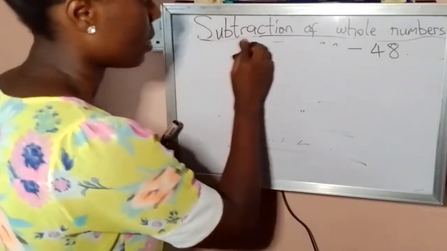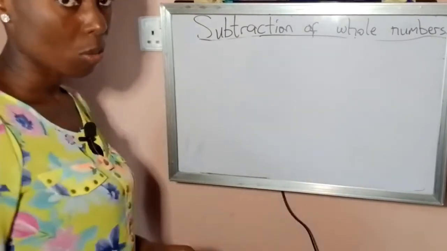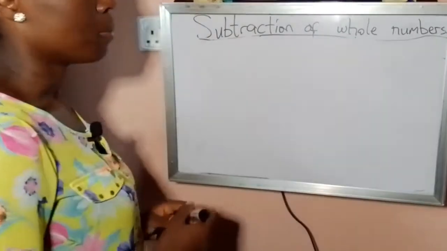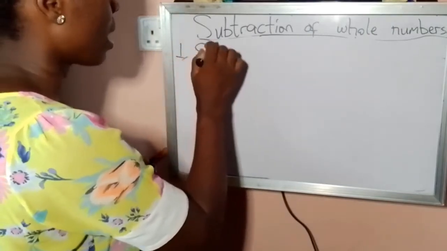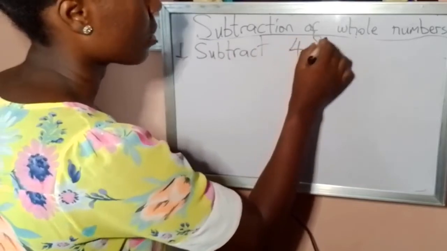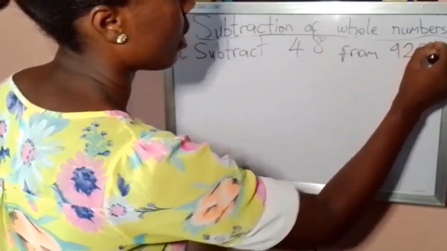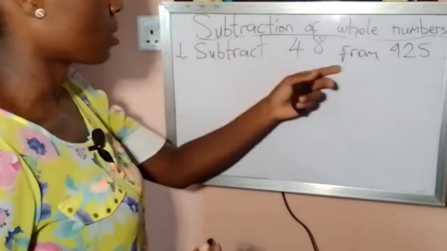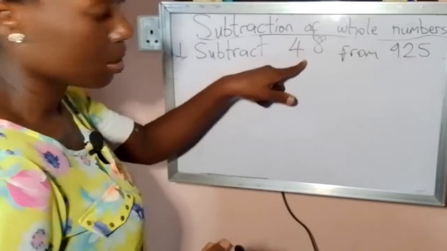Subtraction is fun and it's very easy when you are familiar with it. Please practice more questions, so I'll leave you with these ones. Subtract 48 from 925. Now when you see something like this, subtract 48 from this, it means you say this minus this.